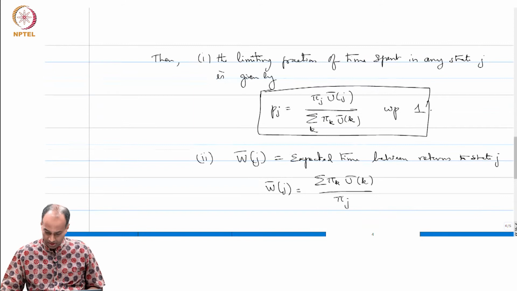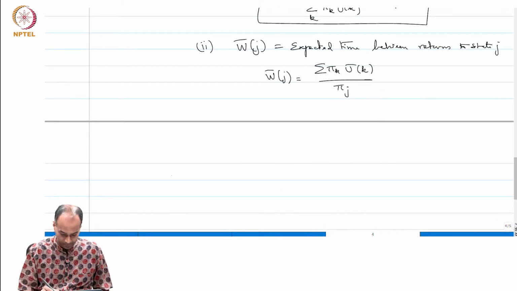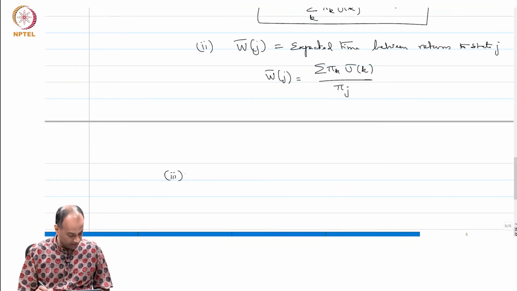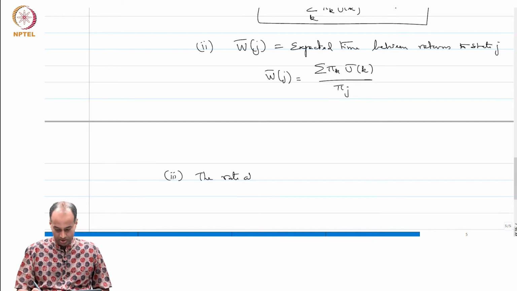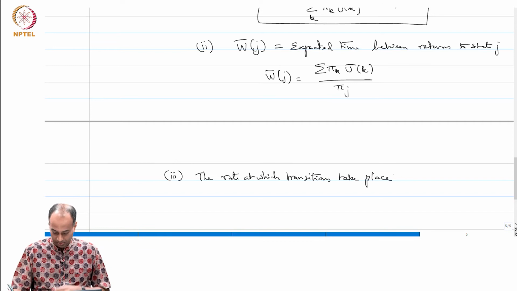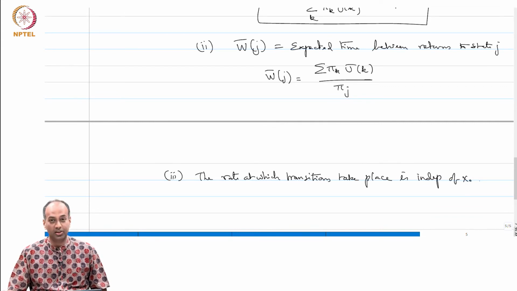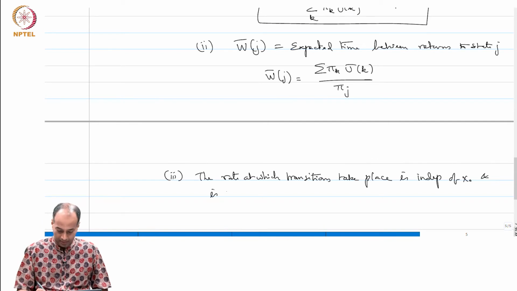And finally, we can write out the rate at which transitions take place, which is independent of x naught. It does not matter which state you start in.